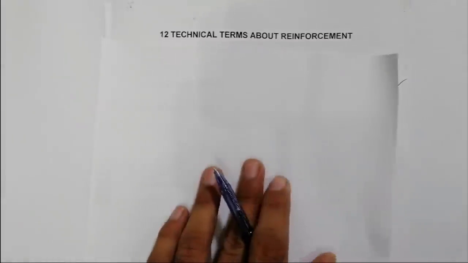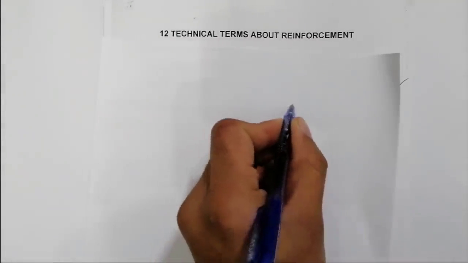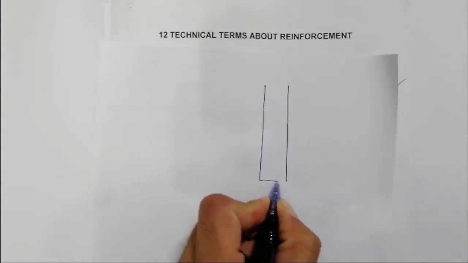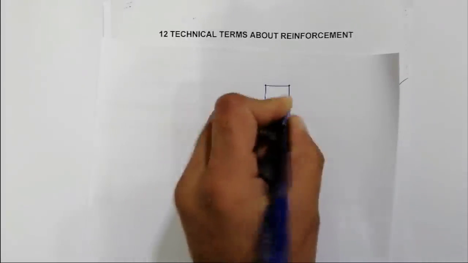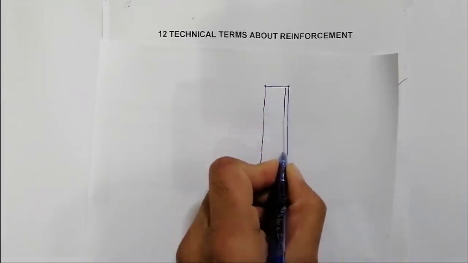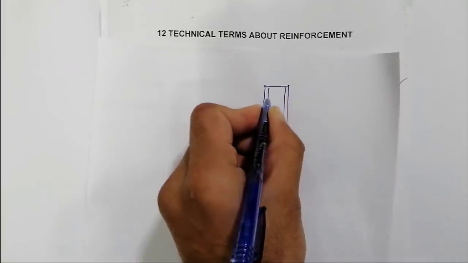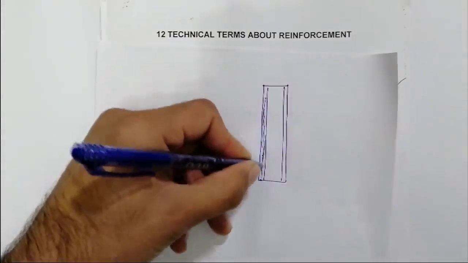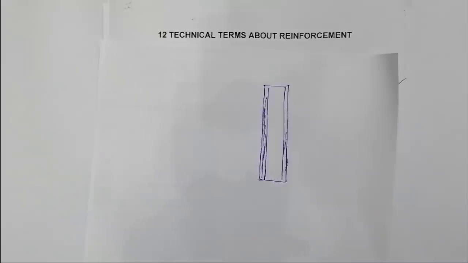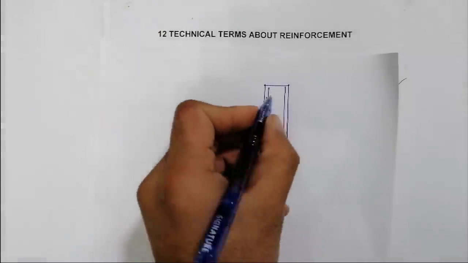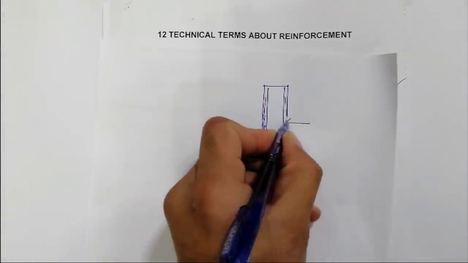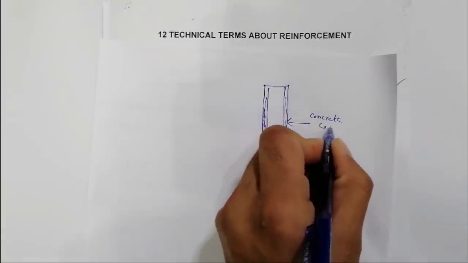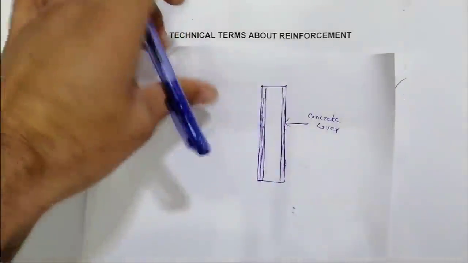So you can see this is a column, an RCC column, right? It's the section. These are longitudinal bars, you can see. This is called concrete cover, or clear cover for reinforcement.